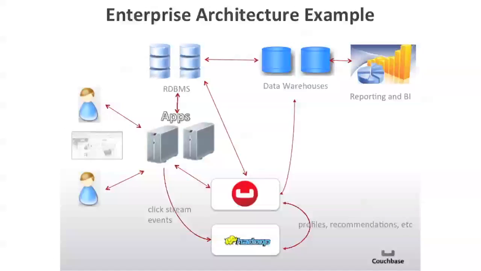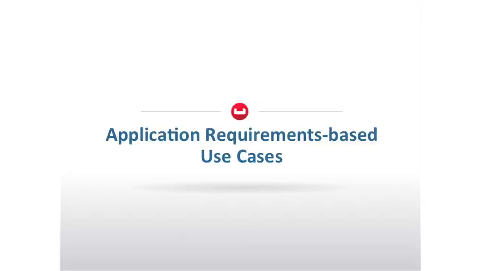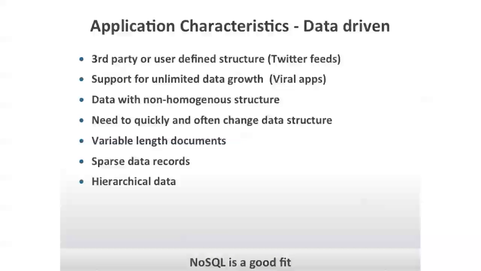So we saw at a high level where NoSQL is used. Now let's look, based on application requirements and use cases, at where exactly NoSQL is the best fit. Here are some of the application characteristics, based on data-driven requirements, that are best fit for NoSQL.